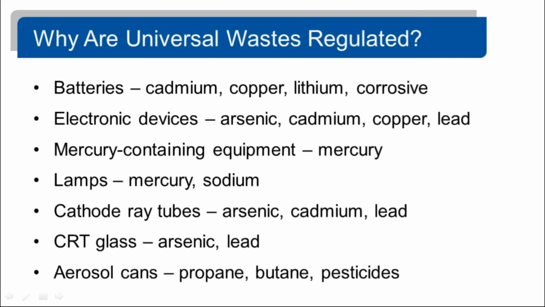And then in California, there's conditionally exempt small quantity universal waste generator, and that refers to RCRA EPA ID numbers, and not needing EPA ID numbers if you are a conditionally exempt small quantity universal waste generator. But the universal waste generator categories are independent of your hazardous waste generator category.